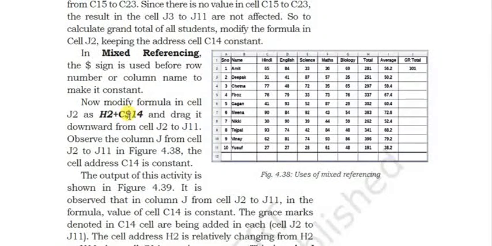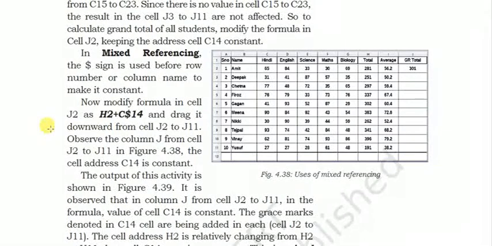Please remember this point very seriously, because it will be very useful in future when you will work on this spreadsheet. You must know that whenever you want to make a cell value constant while referencing, you should use the dollar sign and then you should drag it.